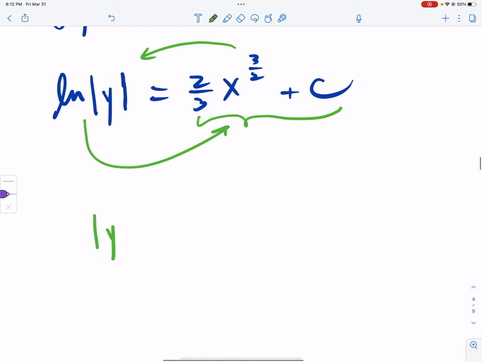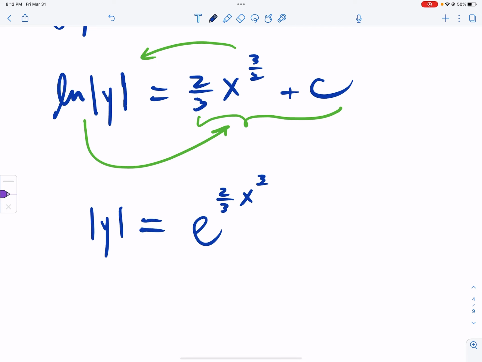So we have absolute value of y is equal to e to the 2/3 x to the 3/2 plus c power.